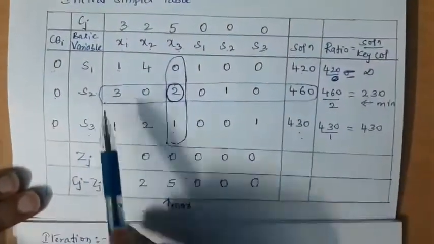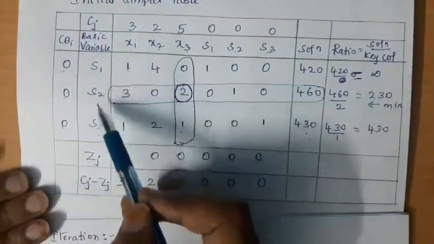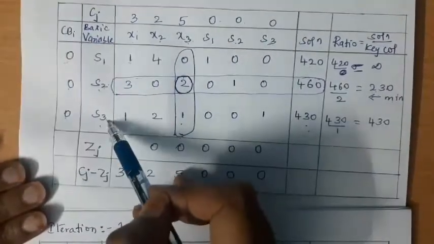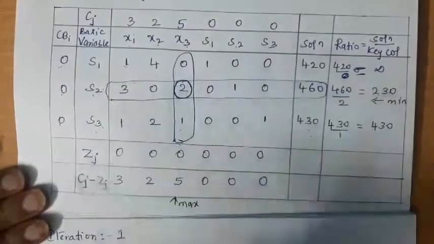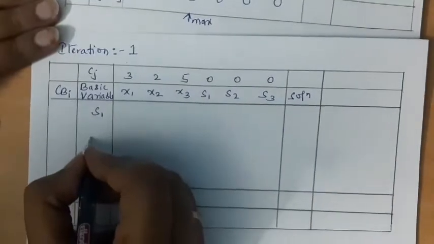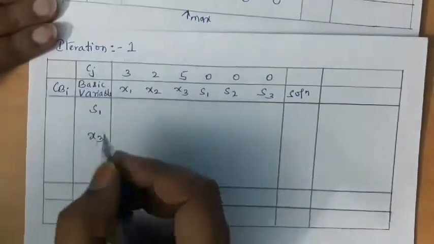In the initial simplex table, S1 remains the same, only S2 is going to be replaced by X3, and S3 remains the same. So we need to write that down here. So here S1 remains the same. In place of S2 I am going to write X3, and S3 remains the same.